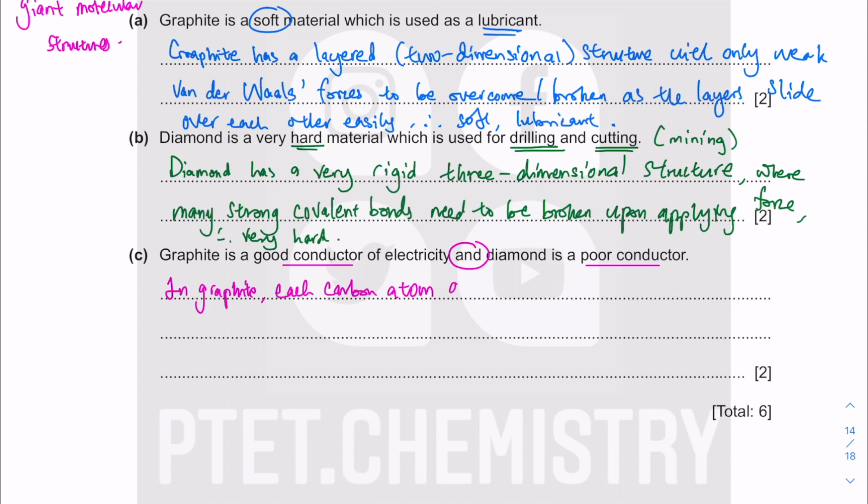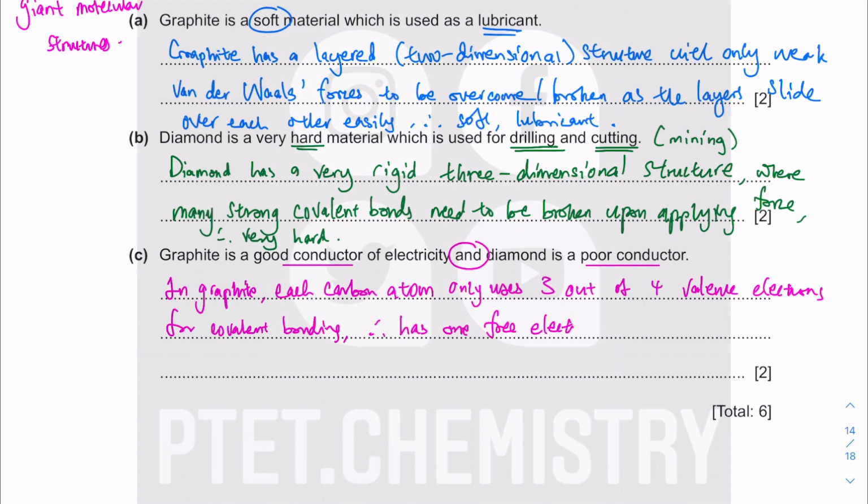Each carbon atom only uses 3 out of 4 valence electrons for covalent bonding. Therefore, it has 1 free electron on every carbon, it's not an ion, it's electrons, to conduct electricity.